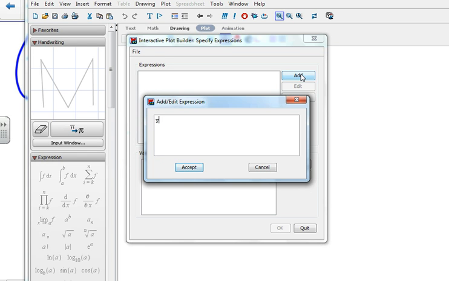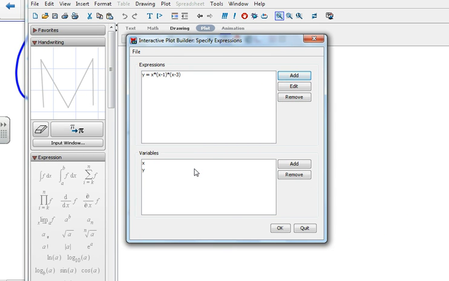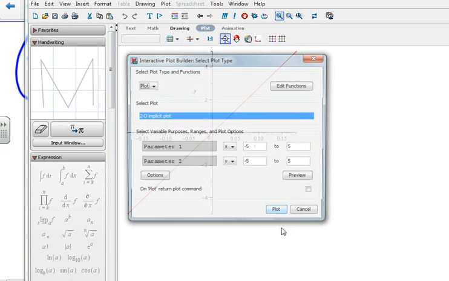So y equals x times x minus 1 times x minus 3. That's the right guy, right? Okay, so that's the right guy.